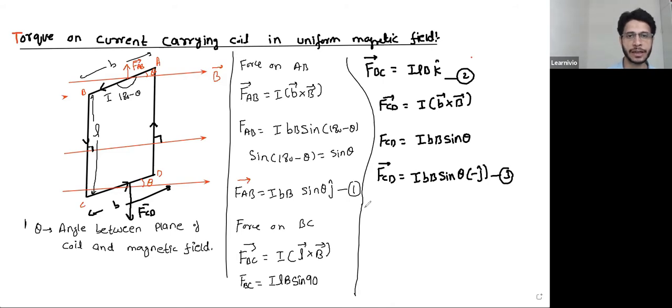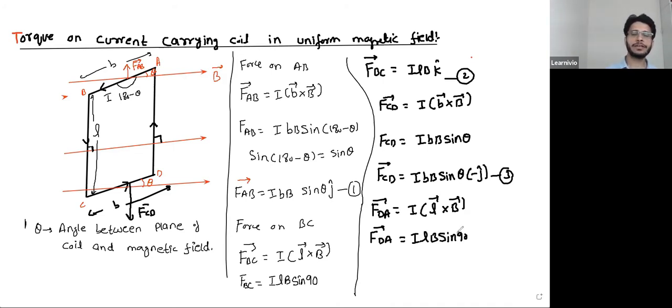Similarly, you can calculate for DA. This angle is again 90 degrees. FDA is I, L cross B. So that's ILB sin 90.